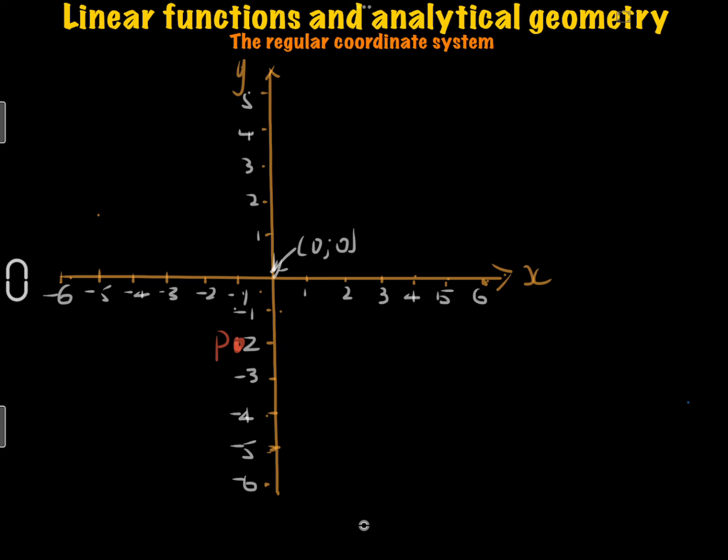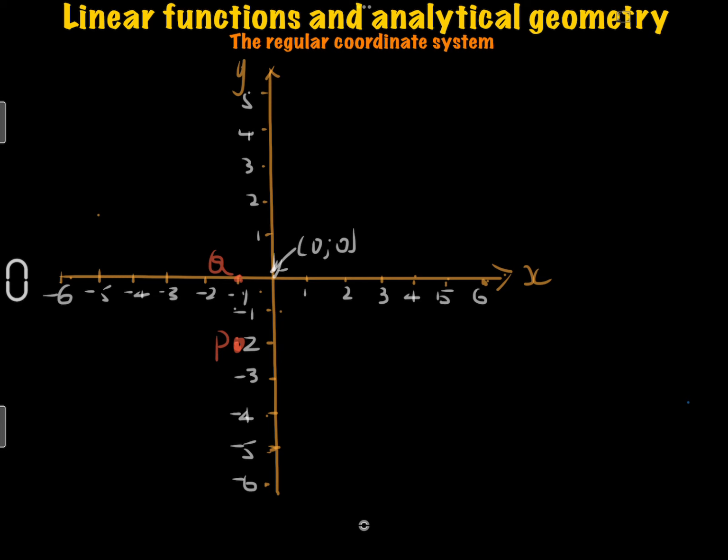Now let's look at Q. Q is -1 and 0. So -1 and 0 is the intercept there. So you have Q here. And then R is positive 2, and y in this case is 0.